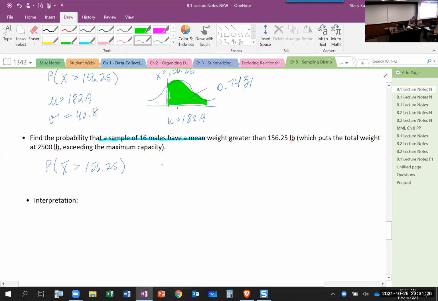Well, what is the mean of my sample mean? 180. Exactly, because the mean of the sample mean is the same as the mean of the population. What's the standard deviation of the sample mean?